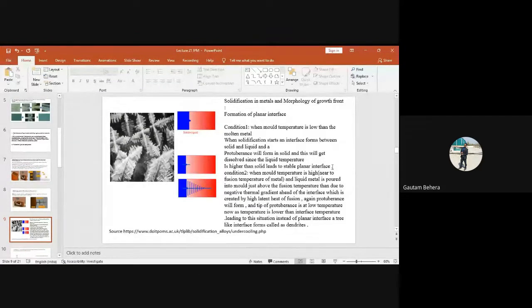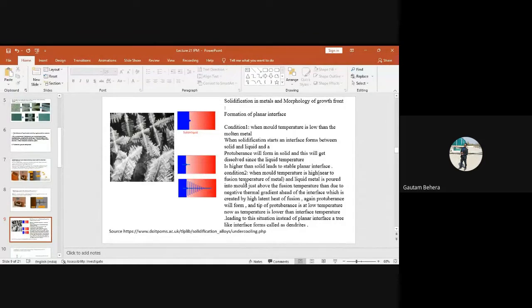It will not grow preferentially. The entire interface will grow. The protuberance will not grow, right? Because the liquid temperature is high, this protuberance which has grown dissolves again into the liquid, right? So that means this bump will dissolve because the liquid temperature is high. This solid will not grow preferentially. The entire interface will grow, right?